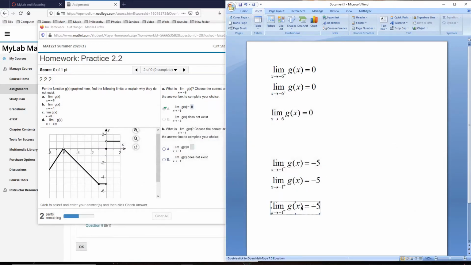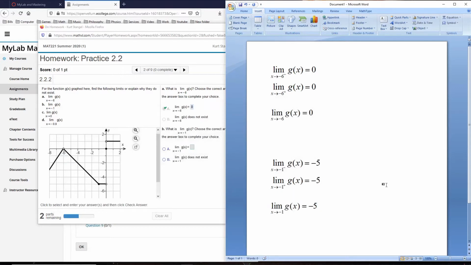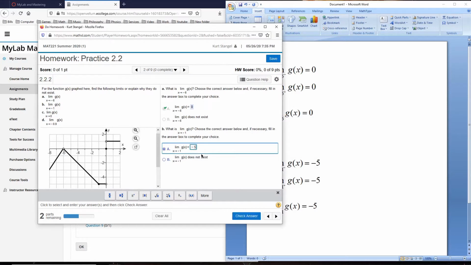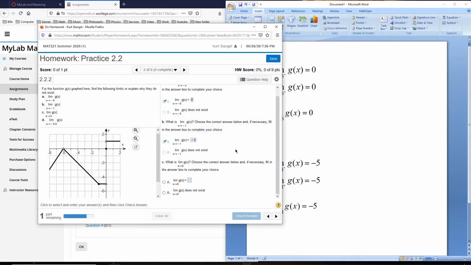And so then, by definition, the two-sided limit exists, and it is that number. And so we'll go ahead and enter that in. So part C. Now we have the limit of this function as x goes to 0.